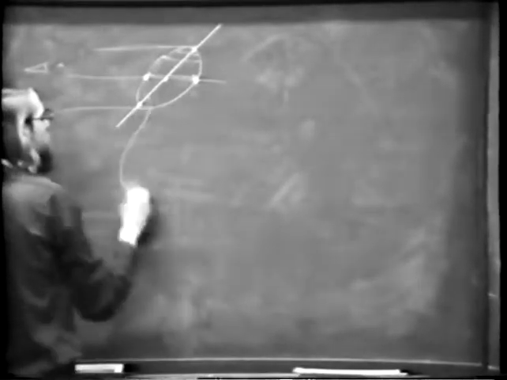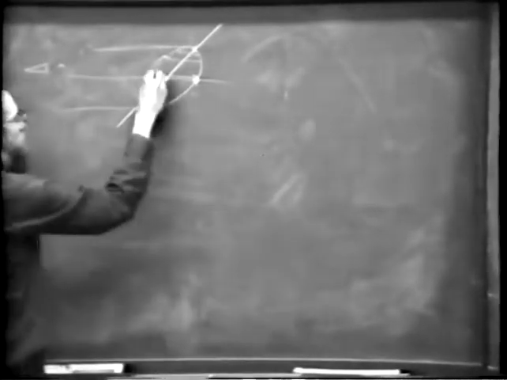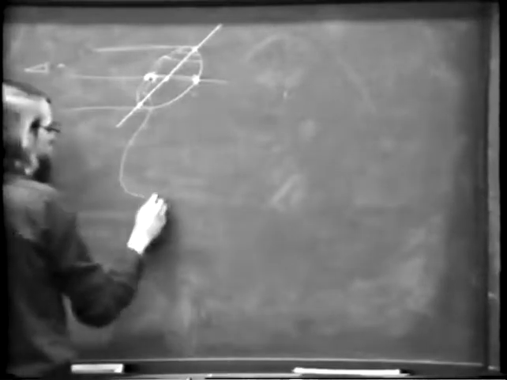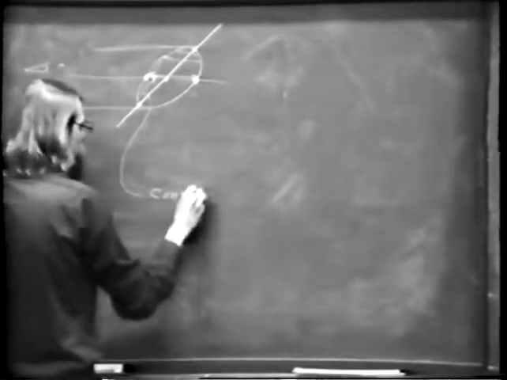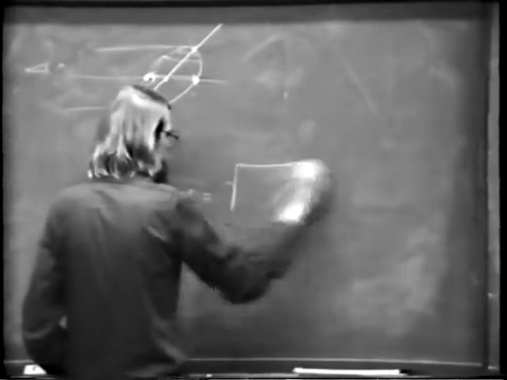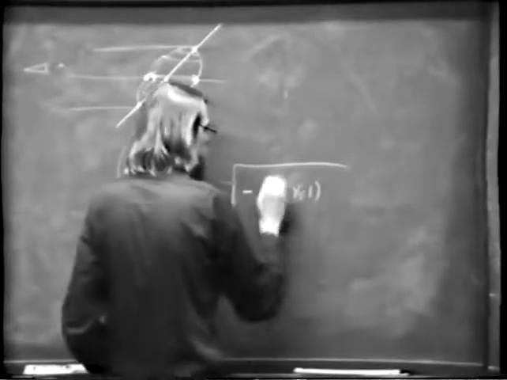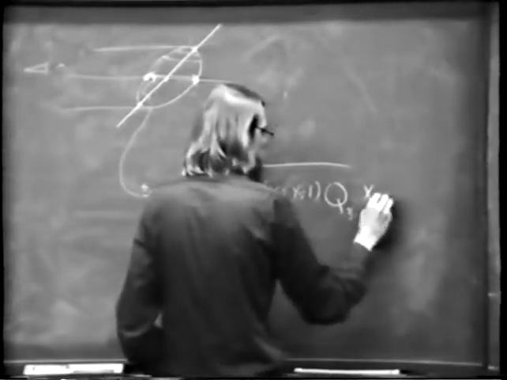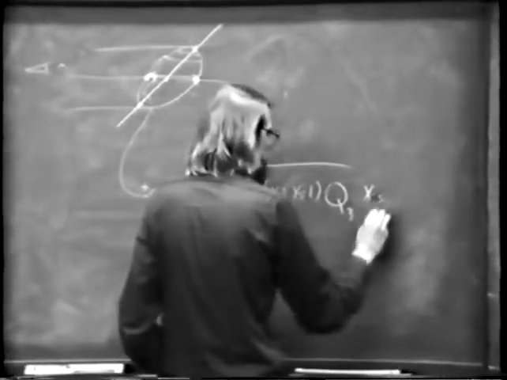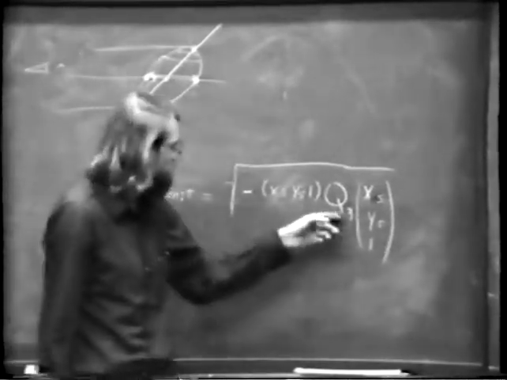But it so happens that the constant value that you have here is going to be equal to the square root of minus that mess, the XSYS1 times Q3.